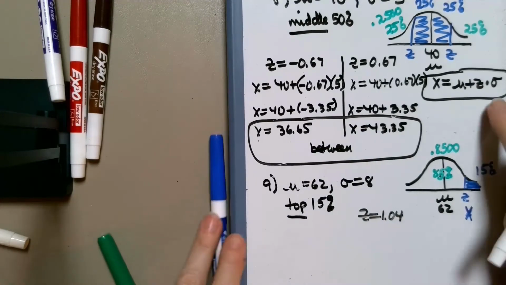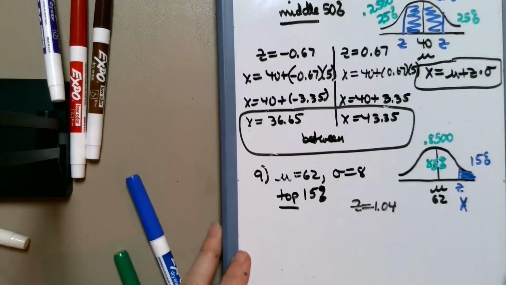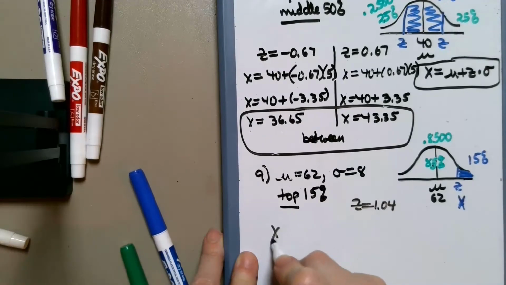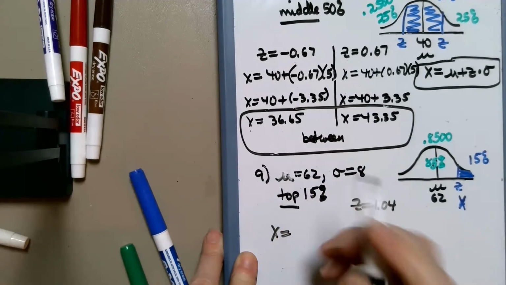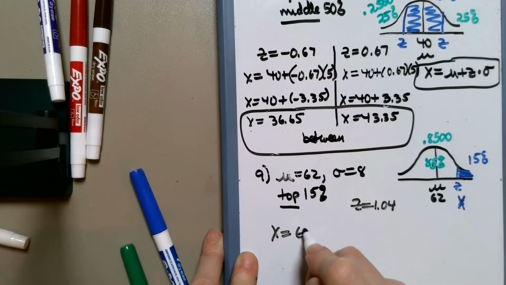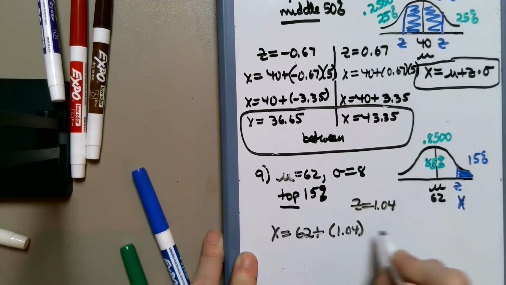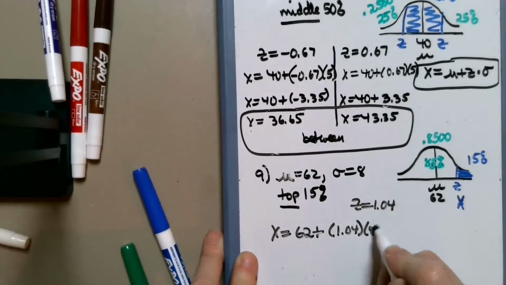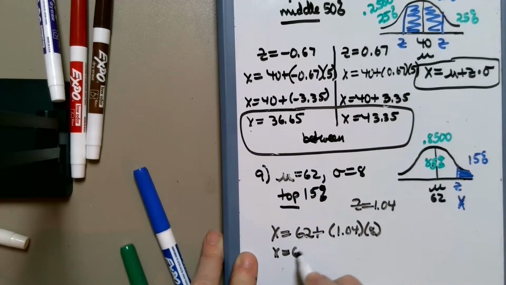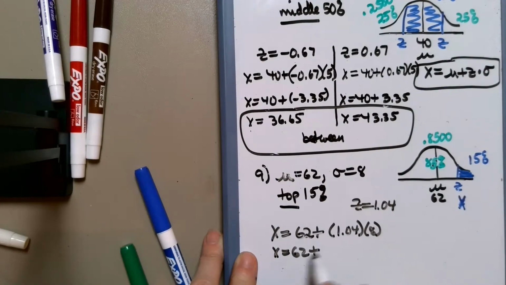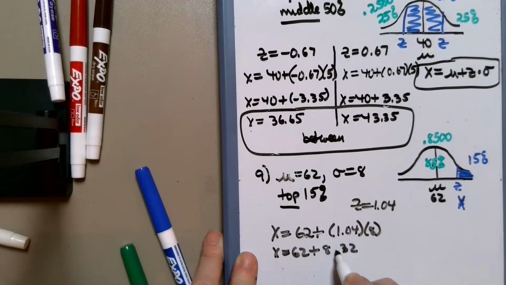Now I'm going to go to the x formula that we used up here in number 8 to solve for x. So we're going to take x equals mu 62 plus z we just found was 1.04 times sigma given was 8. So multiplying first, we're going to have 62 plus 8.32.